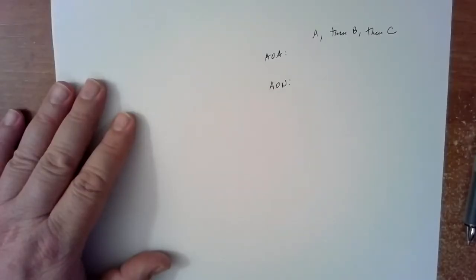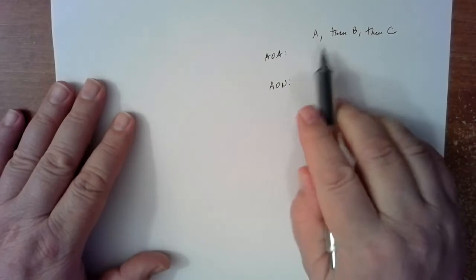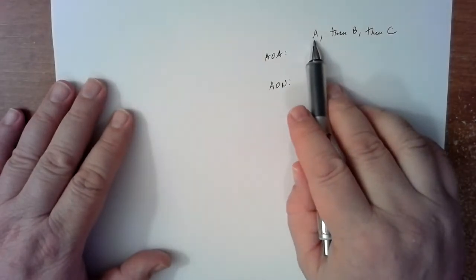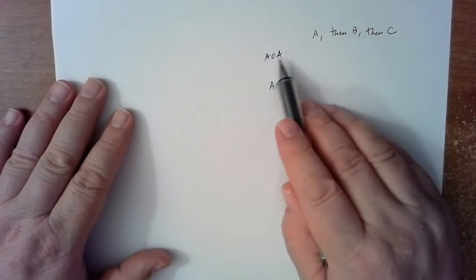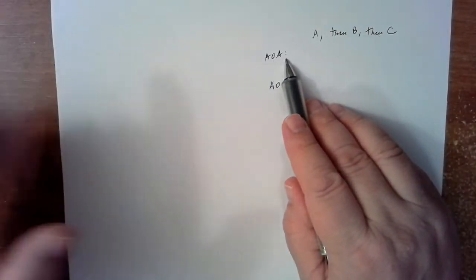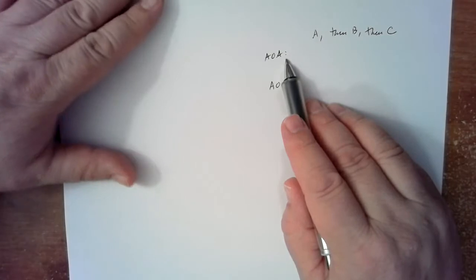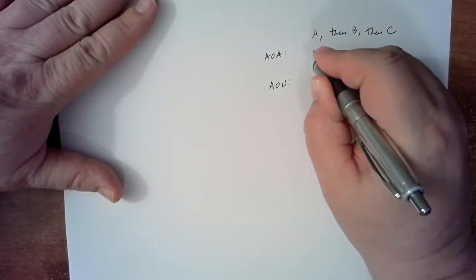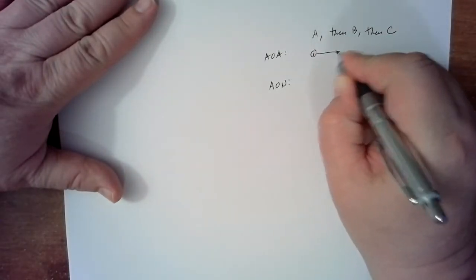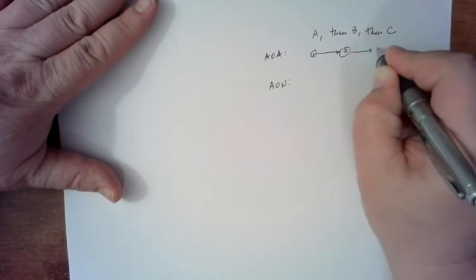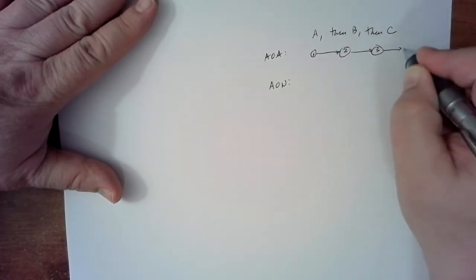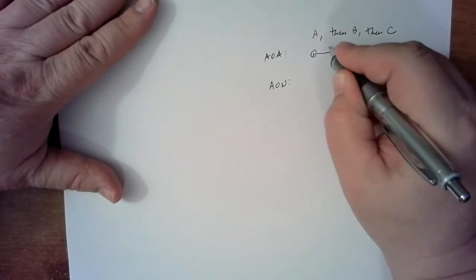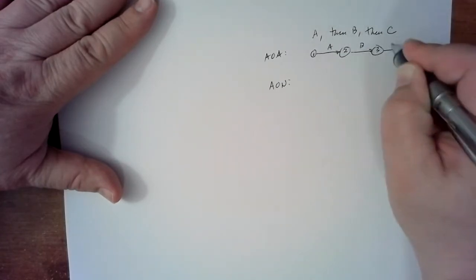Good, so I'm back. I want to think about what I would write if I want activity A followed by activity B followed by activity C. If we're doing activity on arc, like we were just doing in the book, then we would write node 1, then node 2, then node 3, and then one more node, and we would put A here, B here, and C there.